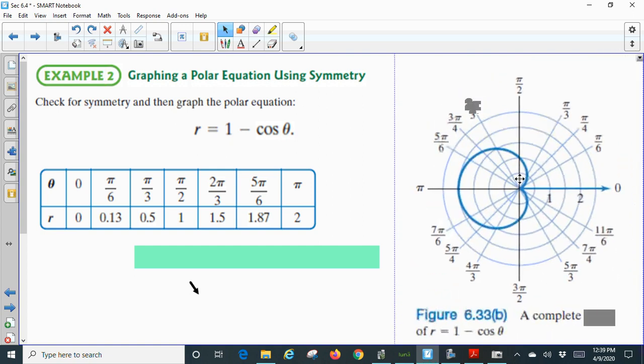We simply took all the points from the top and repeated them in the bottom. You'll notice you get a heart shape that has a name, which we'll discuss in a few moments.